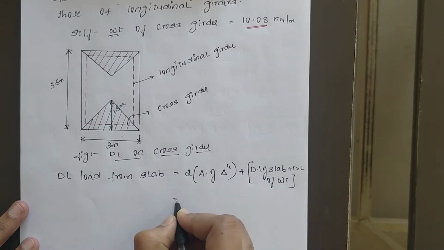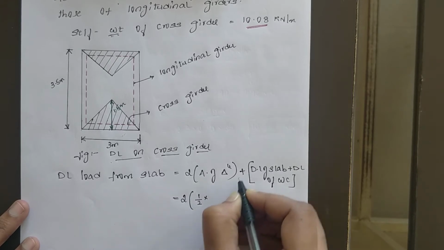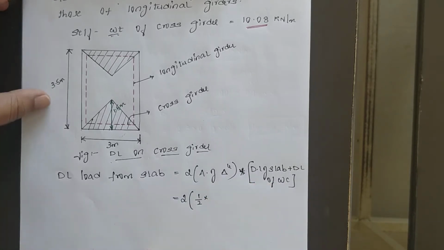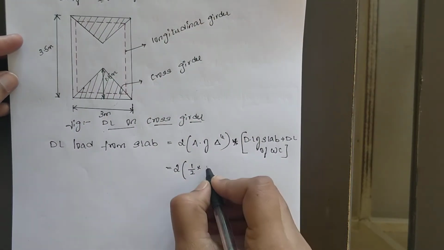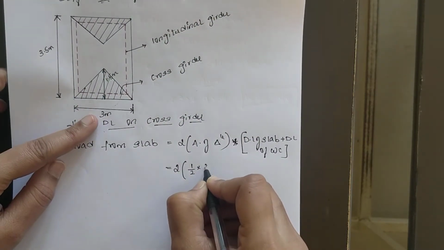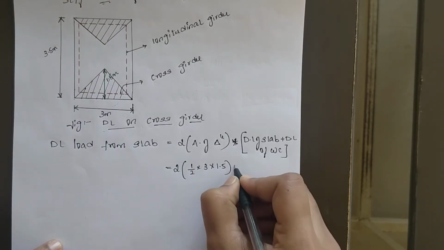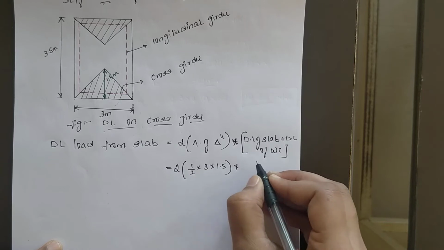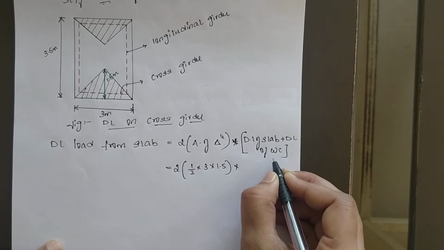Substitute the values: twice into the area of the triangle, half into base value, it is 3, height value, it is 1.5, multiplied by dead load of slab plus dead load of wearing coat.